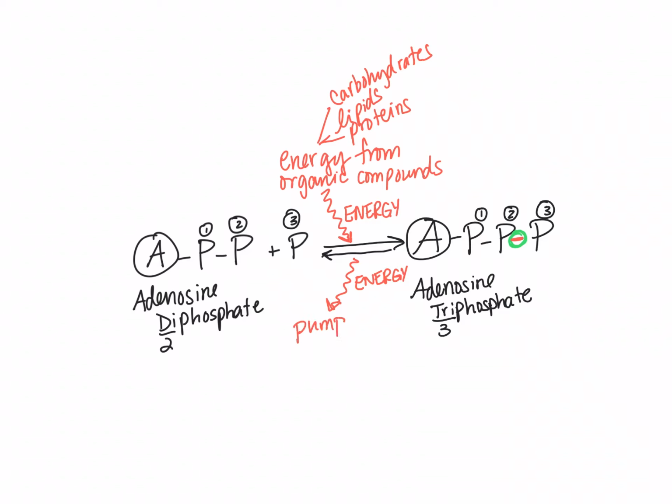So for primary active transport, we have this transport protein called a pump that moves things like ions across the cell membrane. Or maybe it goes to a muscle cell in order to make it contract. Or maybe it goes into an anabolic reaction in order to form a bond between 2 other molecules that are getting put together to make a bigger molecule.